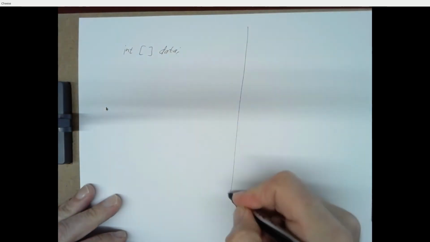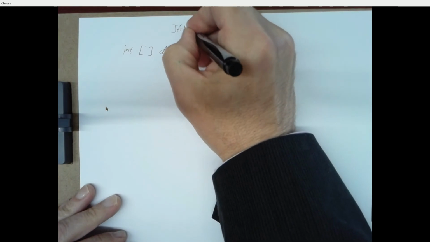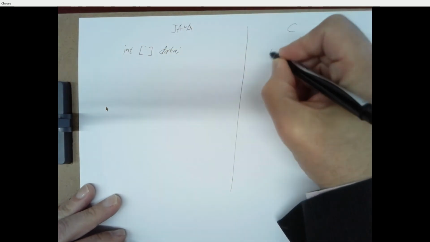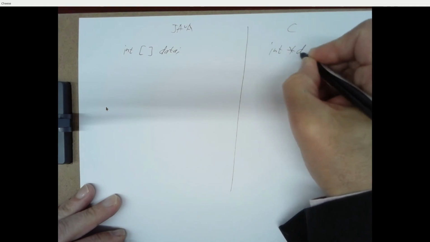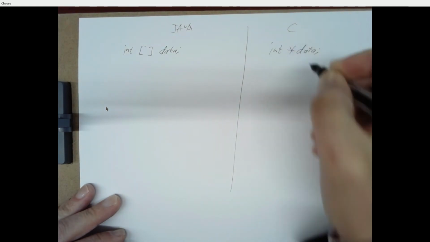We can declare data to be an array of integers by something like this: integer bracket bracket data, semicolon. That's a declaration of data. It's not an initialization. This is like, in C, saying integer star data.